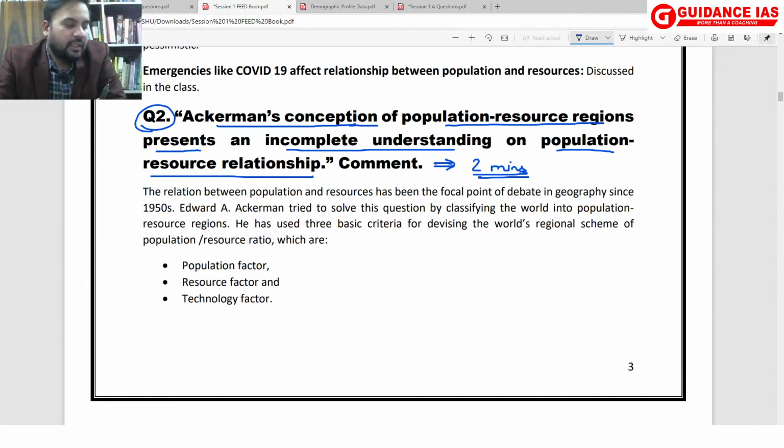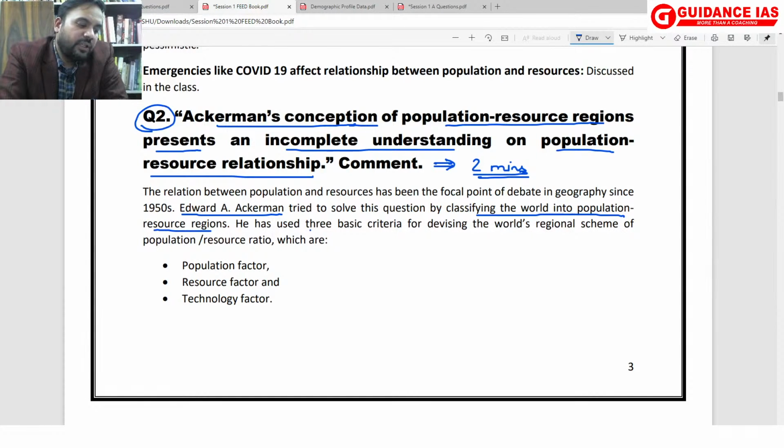Okay, so to write this answer, first of all, you should know the population resource regions which were given by Ackerman. Edward Ackerman tried to solve this question of the population resource debate by classifying the world into population resource regions.